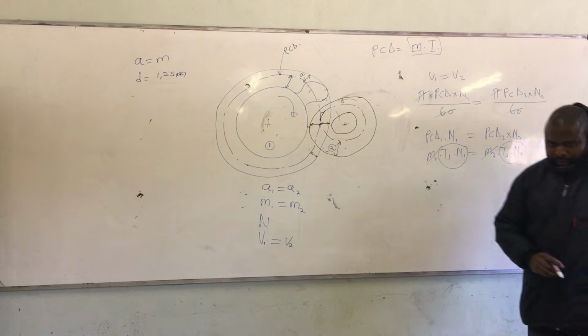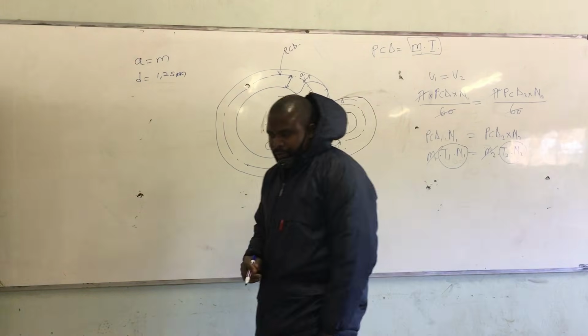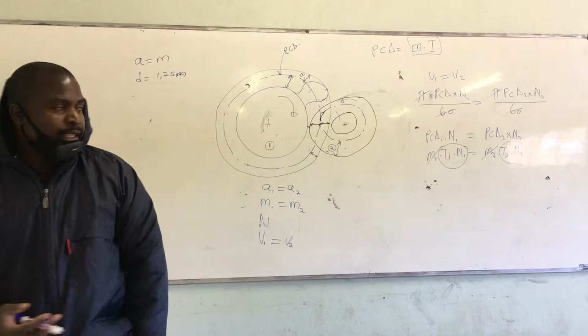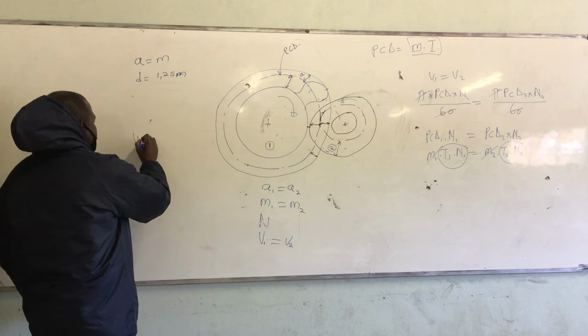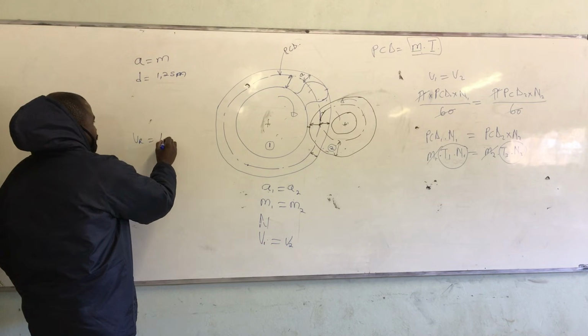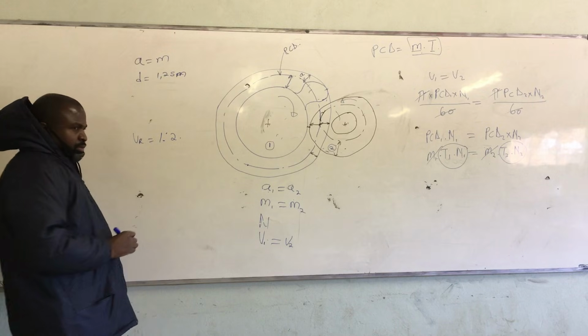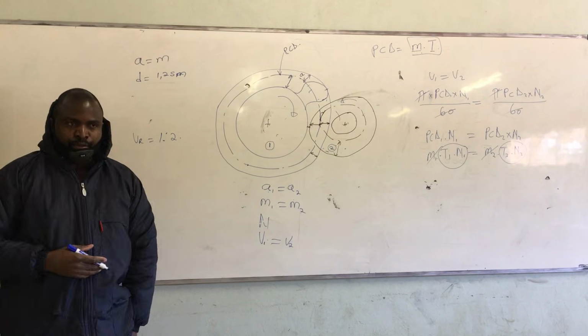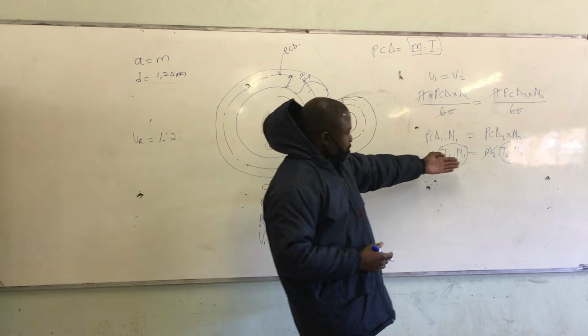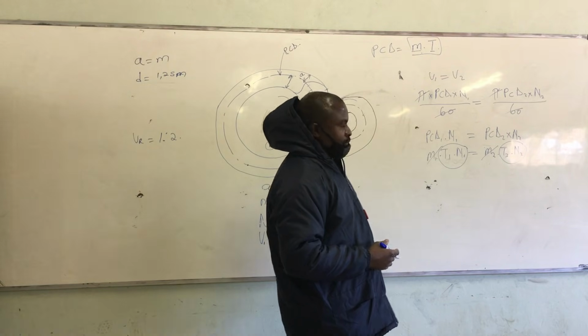So the question is, you can be given a speed ratio. They say your speed ratio is 1 is to 2. Do you understand this? Speed ratio. We said this is a ratio, and also this is a ratio.